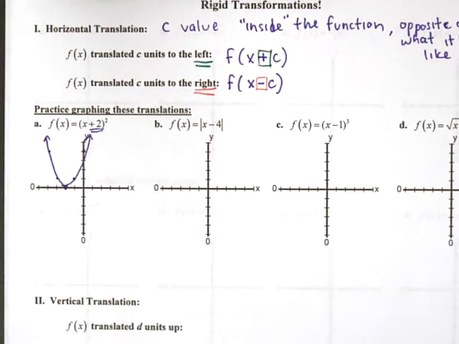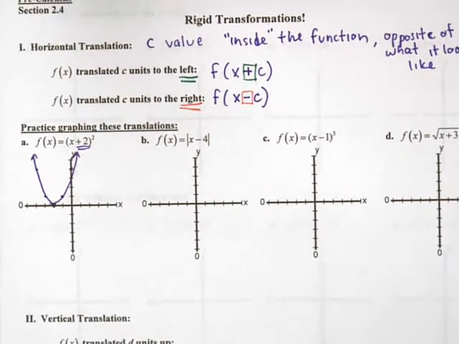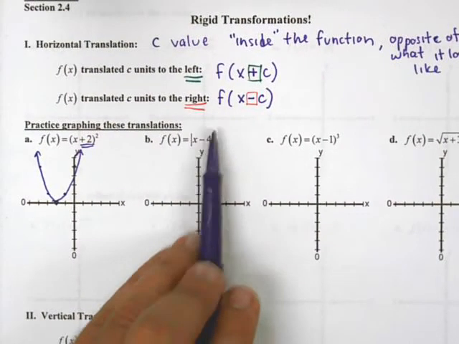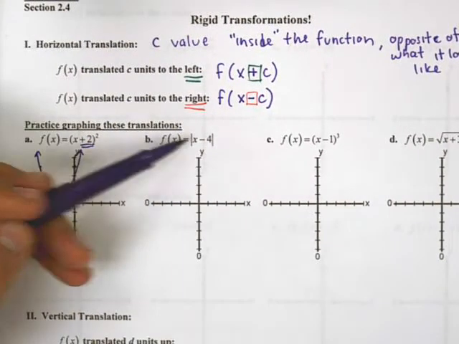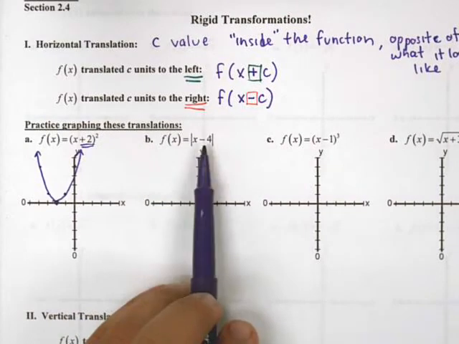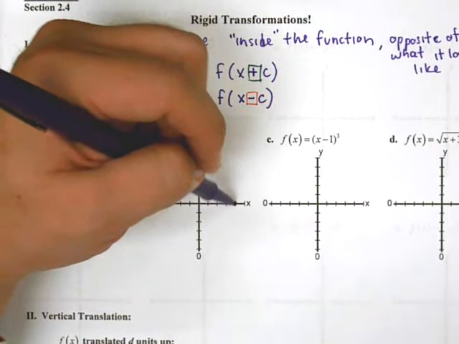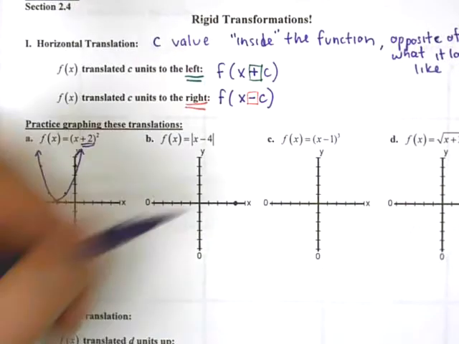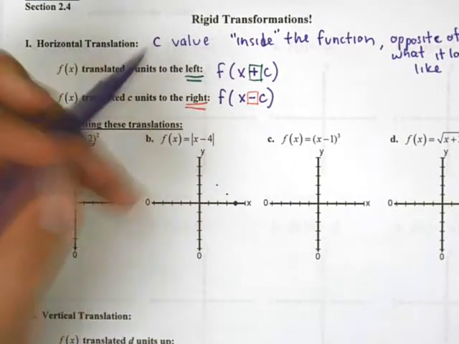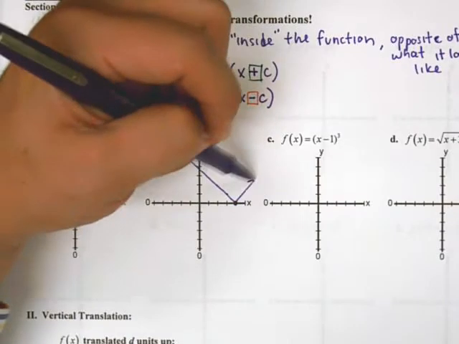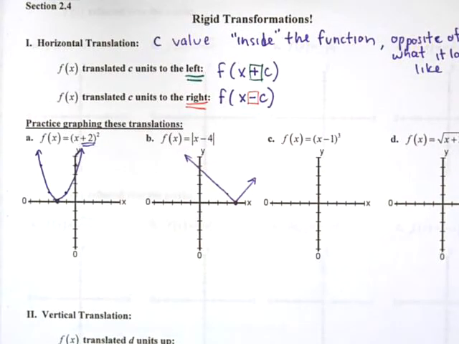All right, when we look at something like b, again, the minus 4 is inside the absolute value function. So this means that it is horizontal again, and it is minus 4, which means I am going 4 units to the right this time. Now, if I want, I can plot some extra points just to give it a little bit of shape, but I know that that is the general shape of my absolute value function.